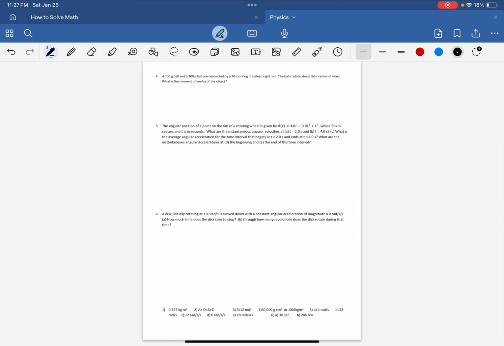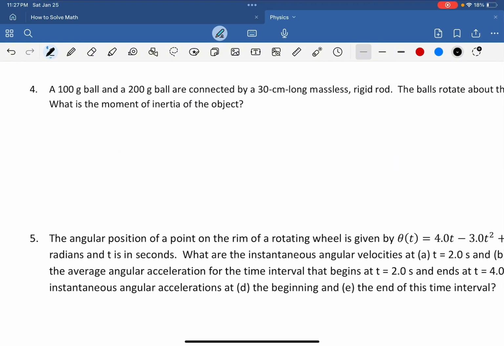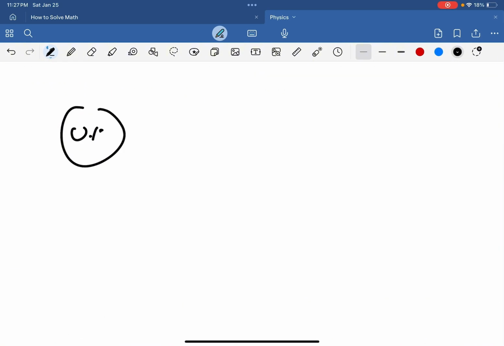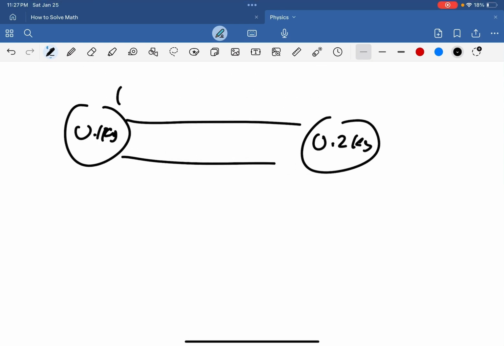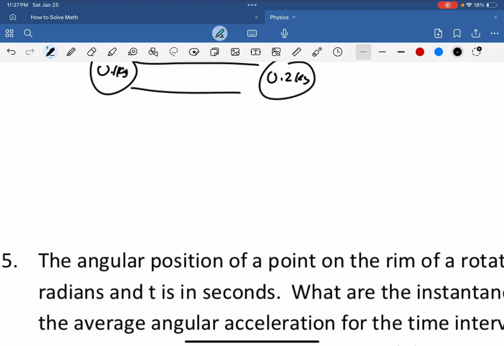And by the way, that is confirmation. A 100-gram ball and a 200-gram ball are connected by a 30-centimeter long massless rigid rod. So let's visualize this. This is 100 g, which I'm just going to write as 0.1 kg. They're connected. 0.2 kg. This is 0.3 m. The ball rotates about the center of mass.